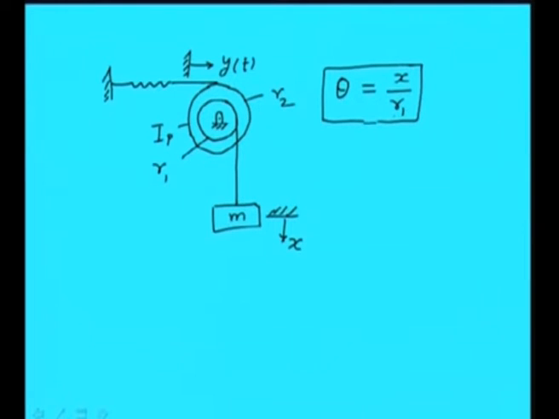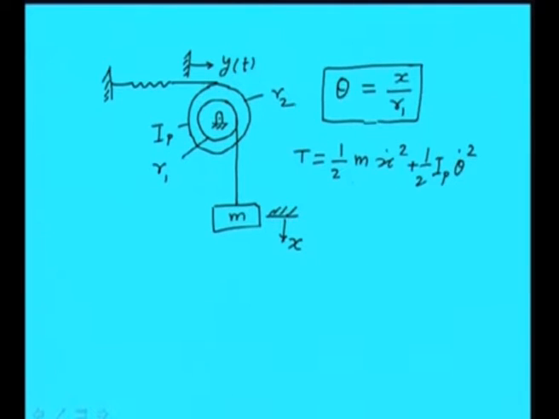So if we want to write the kinetic energy of this whole system, we can write the kinetic energy of the mass as half m x dot square, plus the kinetic energy of this particular cylinder, which has polar mass moment of inertia Ip. That will be given as half Ip theta dot square, because it is oscillating with theta and the velocity is theta dot.